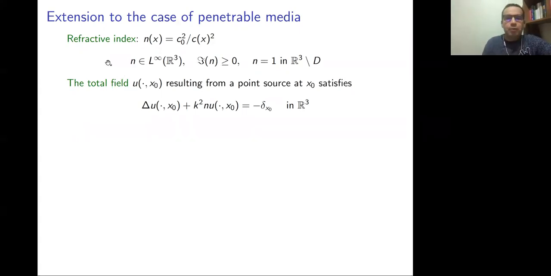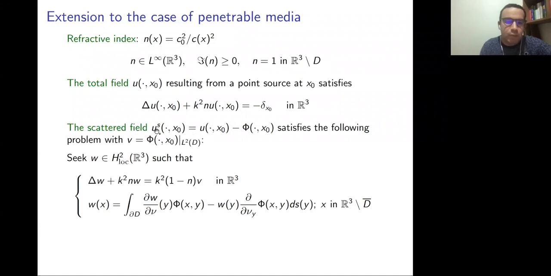For penetrable media, the medium is defined by the index of refraction here. I take this setting where we have the Helmholtz equation with an index of refraction defined in all of R^3, and we can define scattering for point sources by considering this equation with some radiation condition, which applies to the scattered field.